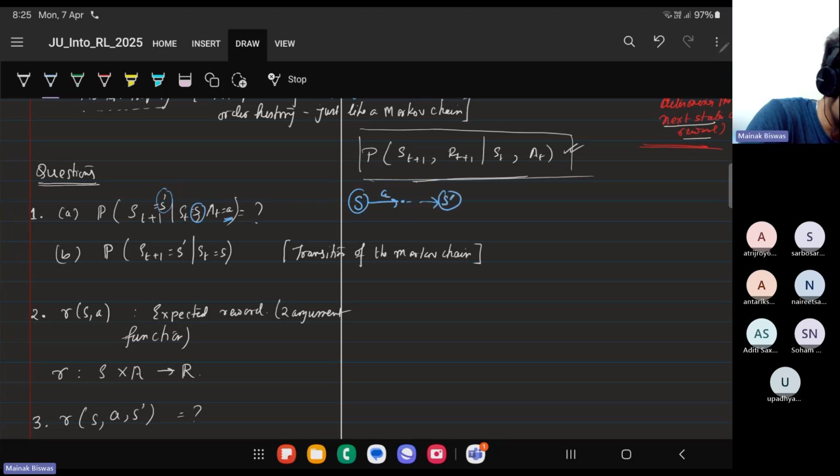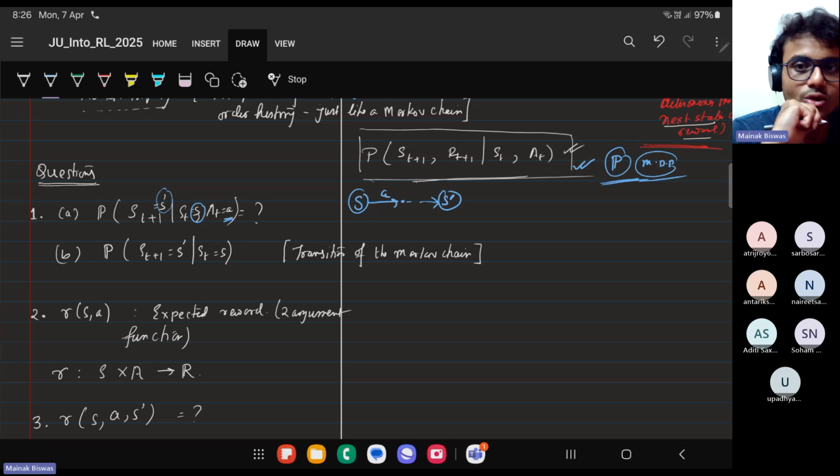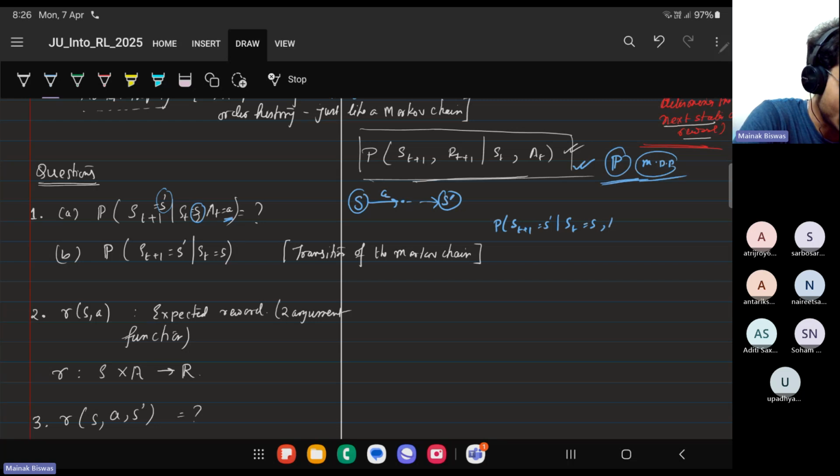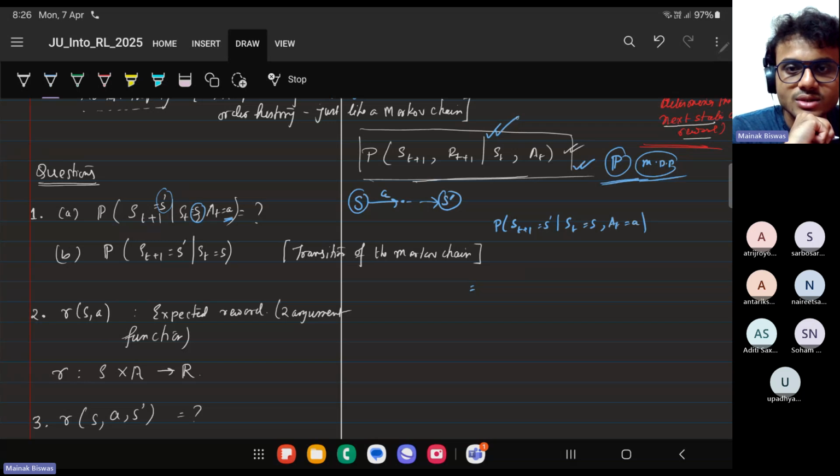So we have to find it in terms of the probability distribution P given to us in the MDP definition. So how do we find it? Any idea? The probability of S_{t+1} equal to s prime given S_t equal to s, A_t equal to a. What do I have to change it to, to get the form of the MDP that is given to us?